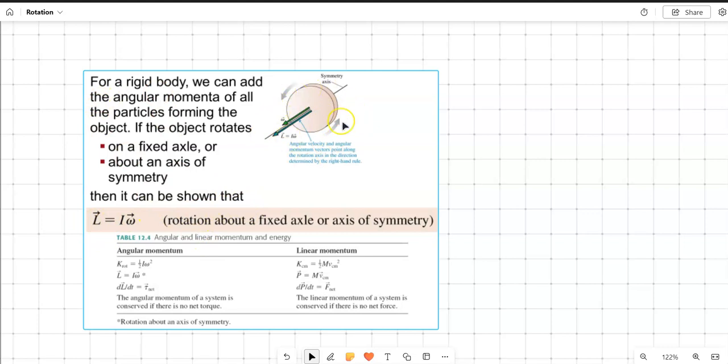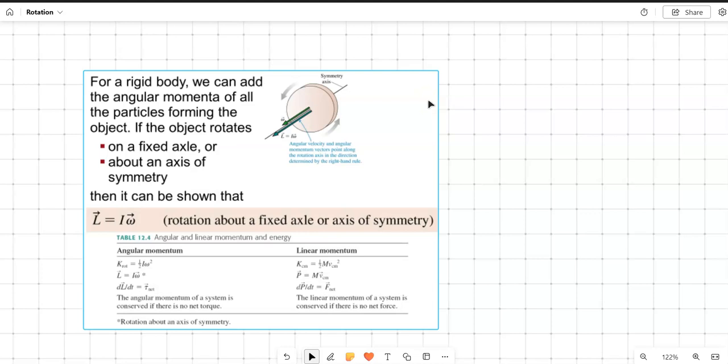Basically the object is going to be rotating around its center of mass, and we're going to be using the moment of inertia to describe that object rotating about its center of mass. And just like linear momentum, this angular momentum can be positive or negative.